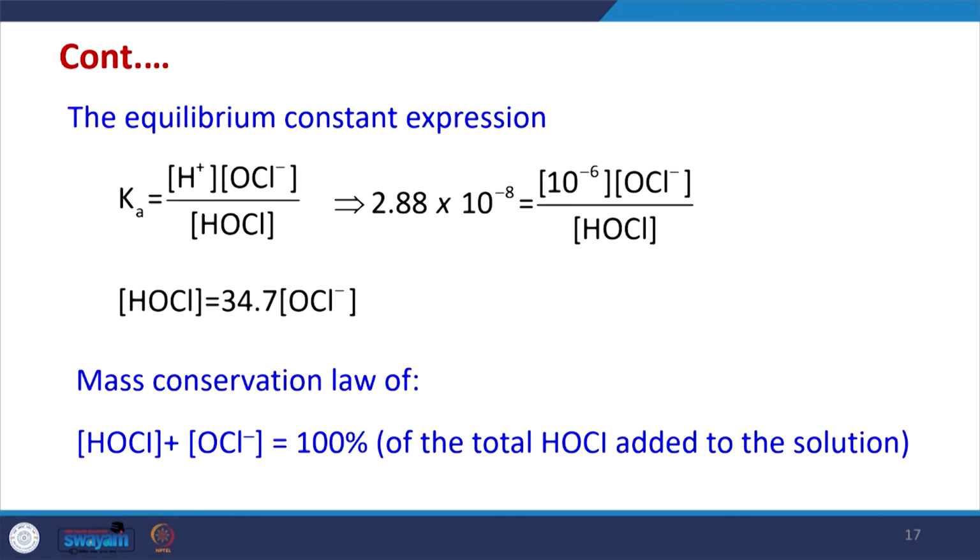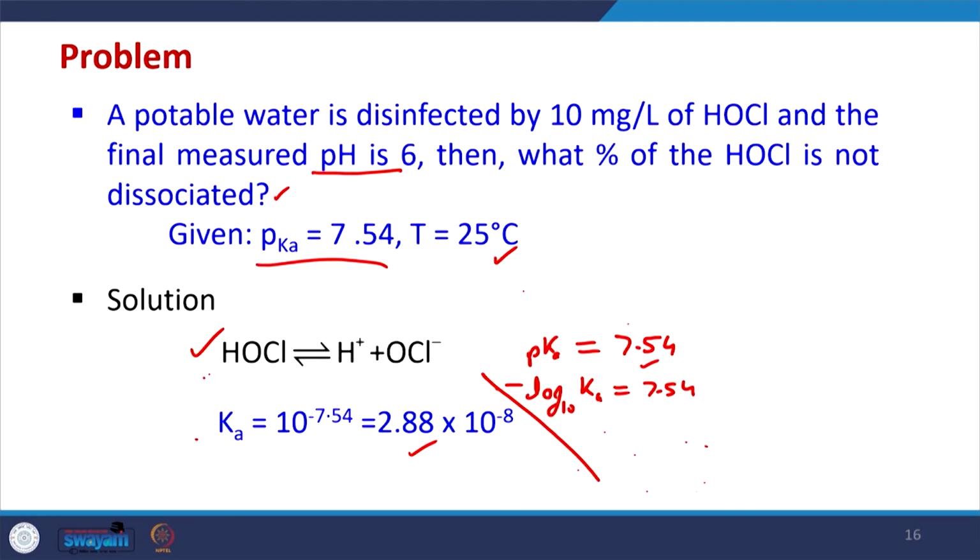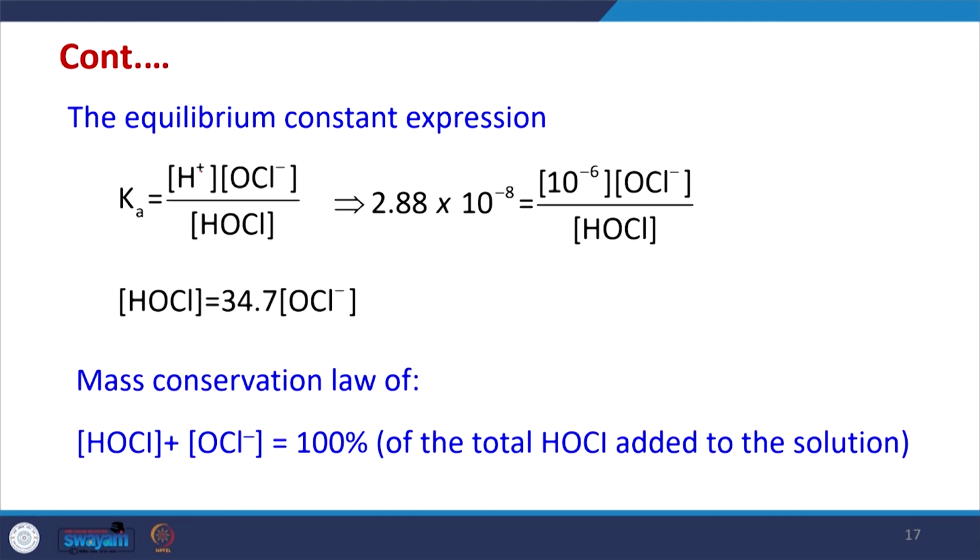Now, since the value is known, the equilibrium constant expression for this particular equation is Ka equal to [H⁺][OCl⁻] divided by the concentration of HOCl. These are the respective molar concentrations. The Ka value we have already found, and it is written here.